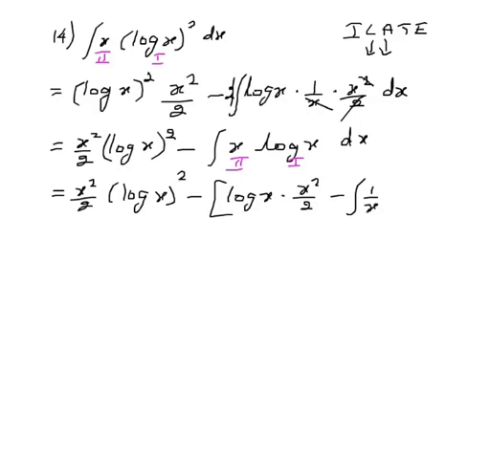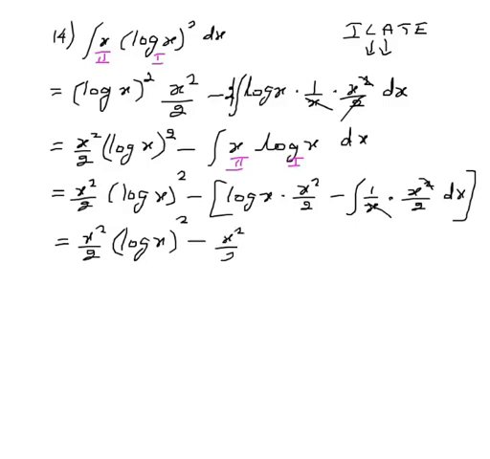Differential of log x is 1 by x into integral of the second function, which is x squared divided by 2 dx. Distribute this negative sign. Minus into minus is plus. Integral of x is x square divided by 2. Already 2 is there, so it becomes 1 by 4 x square and plus c.